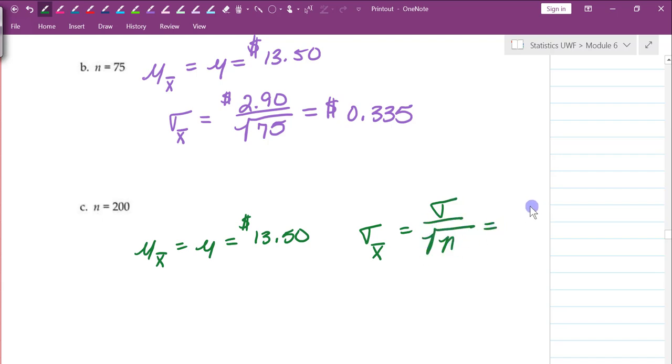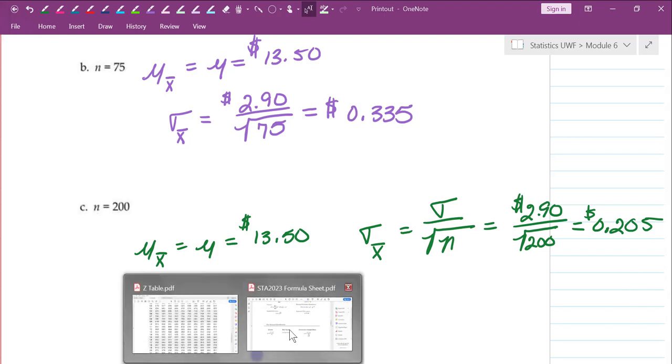So this is equal to $2.90 divided by the square root of n, which is 200. And we're going to throw that into our calculator, and we're going to find out that this is equal to 0.205.